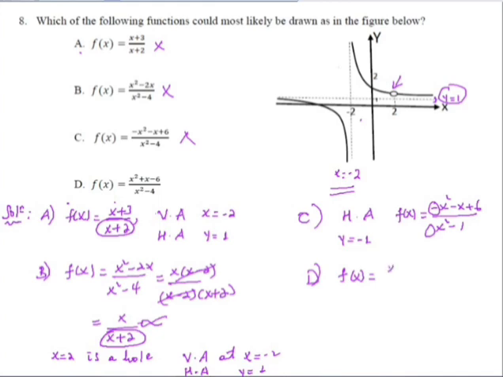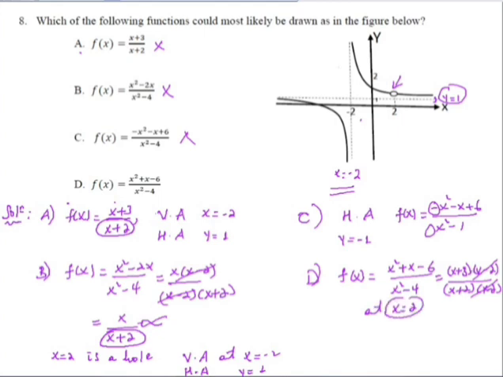F of x equals x squared plus x minus 6 over x squared minus 4. This can be written as x plus 3 times x minus 2 over x plus 2 times x minus 2. Obviously x minus 2 will cancel out. So at x equals 2 we expect a hole.